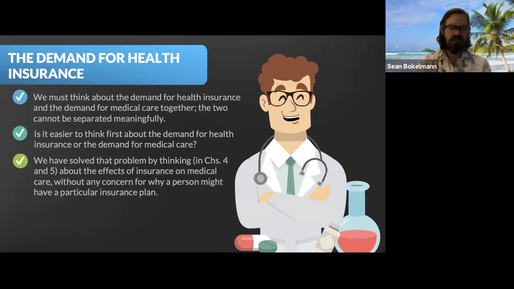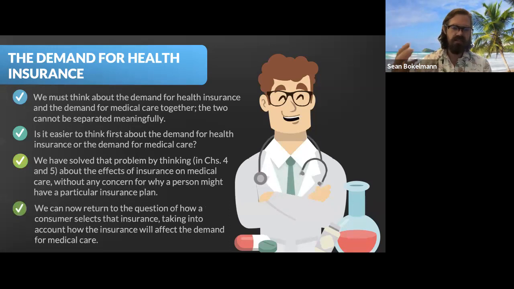We kind of ignored the demand for insurance when thinking about the demand for healthcare, but we could still think about the effects of different insurance plans. But in this chapter, we're going to think very specifically about the consumer's choice of insurance, right? How do they select insurance, particularly when taking into account how the insurance will affect their demand for medical care.